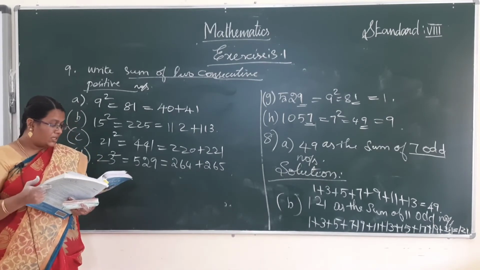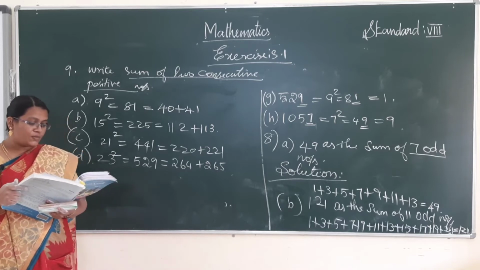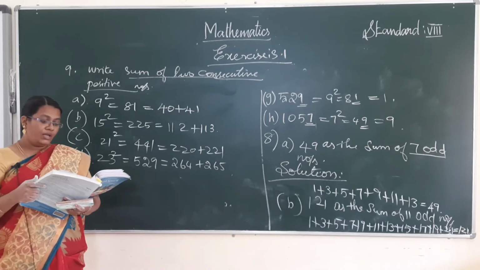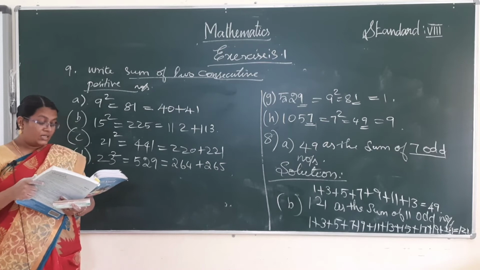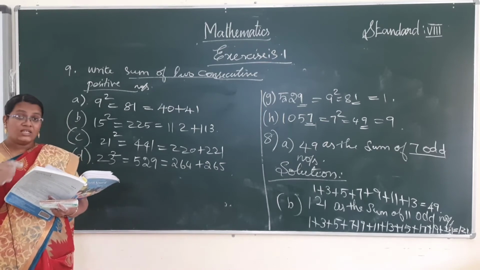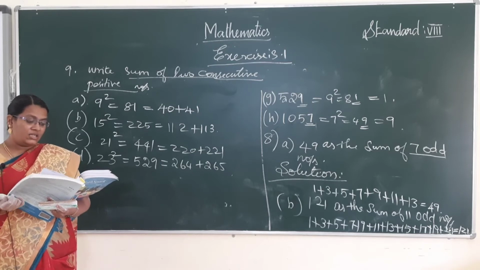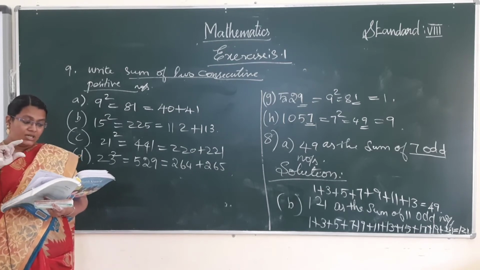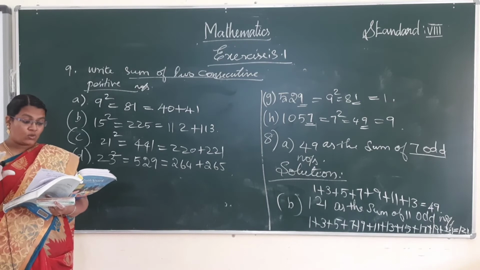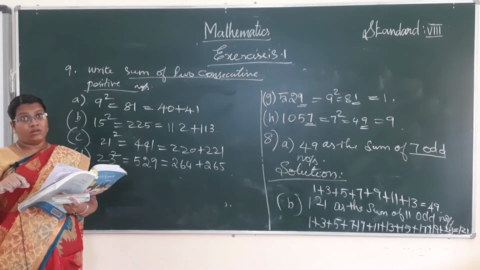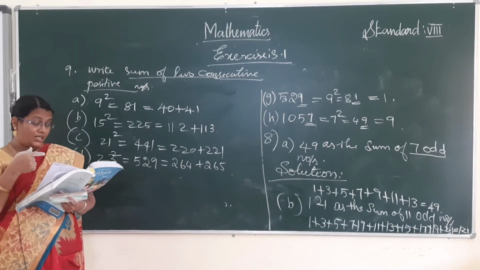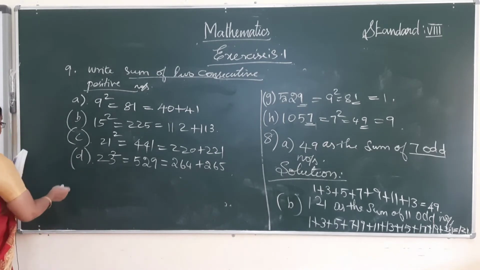Okay, now see the 10th problem. How many numbers lie between the squares of the following numbers? We have learned the formula, the properties we have learned. How many numbers lie between the squares of two consecutive numbers? See the first problem.